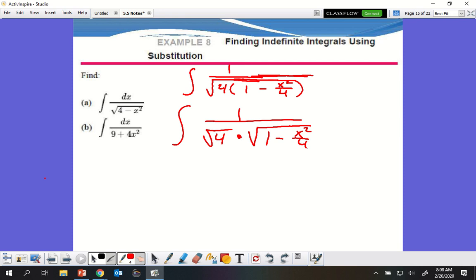But what is the square root of 4? 2. Is that going to be a constant? That's going to be my constant k value. So what can I do with it if I don't like it over here? I got to take it out. Can I bring it all the way out in front of my integrand? So it's going to be 1 over, we said the square root of 4 is 2, times the integral of 1 over the square root of 1 minus x squared over 4.